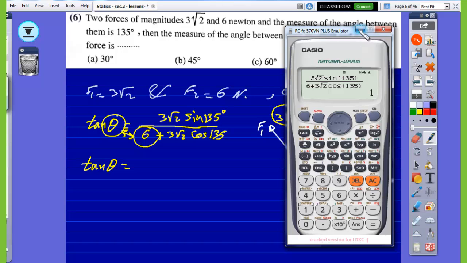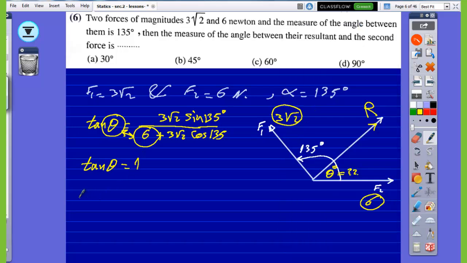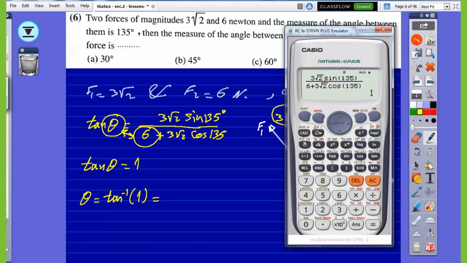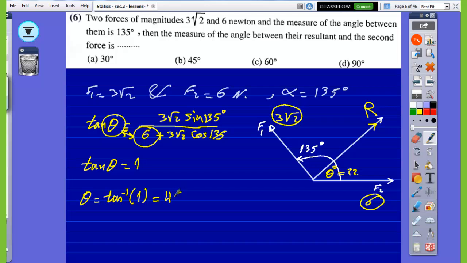So tan theta equals 1 and theta equals tan minus 1 of 1, which is equal to 45, but you can always use calculator. Shift tan 1, it is equal 45 degrees.